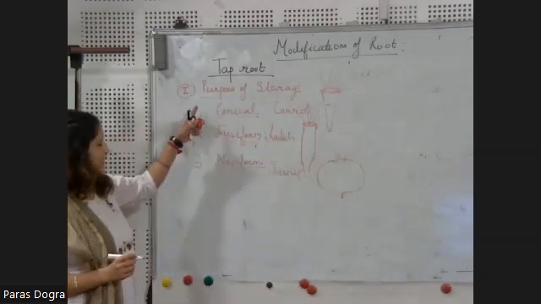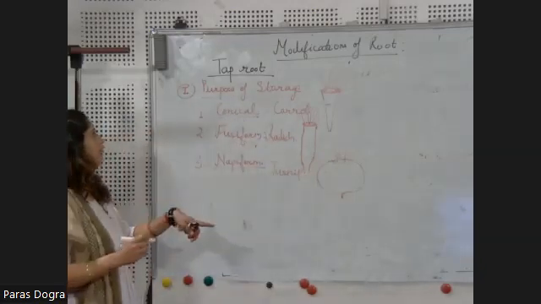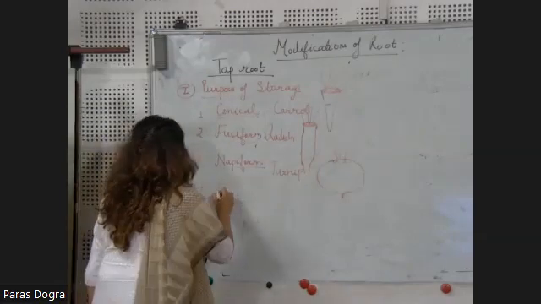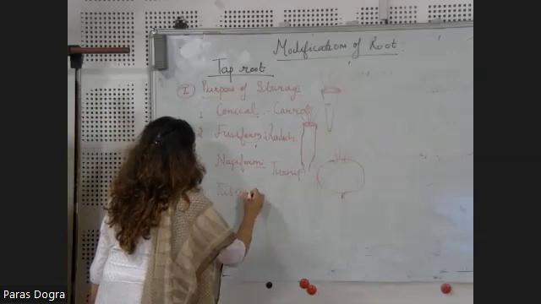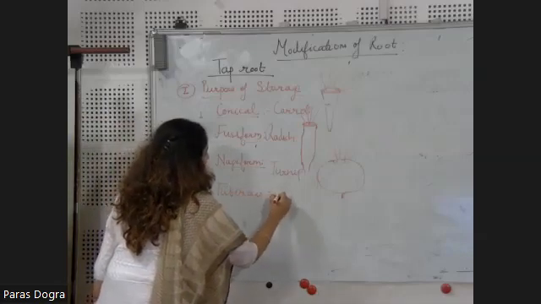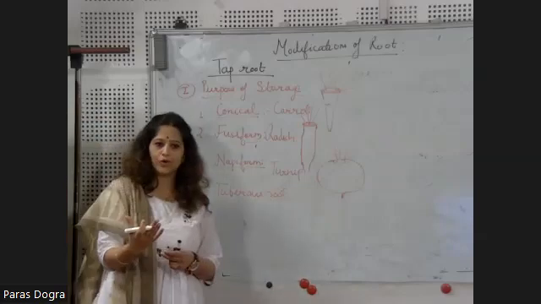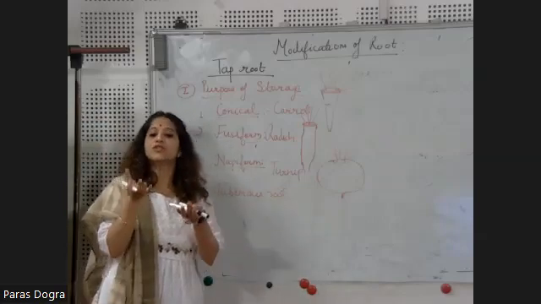Okay, and the last one for the storage purpose is tuberous root. So what is there in tuberous root? Tuberous root is a kind of root wherein the root stores food.